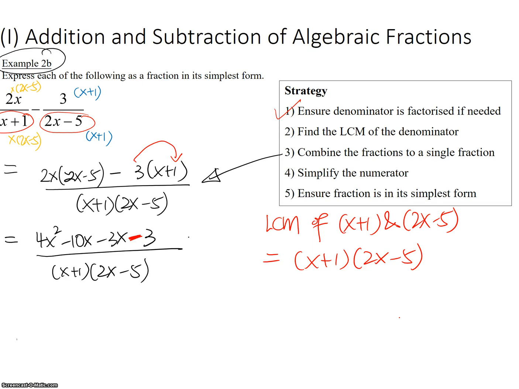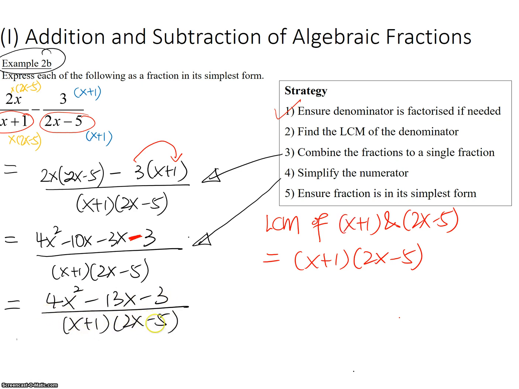Can I further simplify? If I can, I have to simplify it. So I got 4x squared minus 13x minus 3 over x plus 1, 2x minus 5. Now you can also check if your numerator can be further factorized. In this case, this one cannot be further factorized.